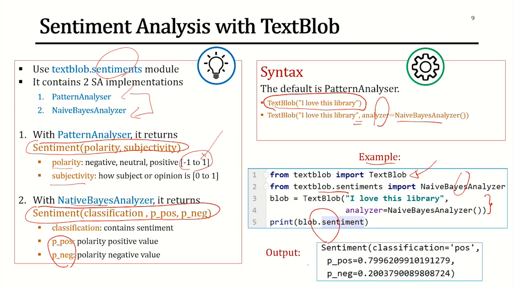So this is the result returned from this function. We obtain the classification for this sentence, I love this library. It gives you positive information, and in p_pos and p_neg, it also gives you the value of how highly positive or how negative the sentence is. In this case, it is around 0.8 positive.